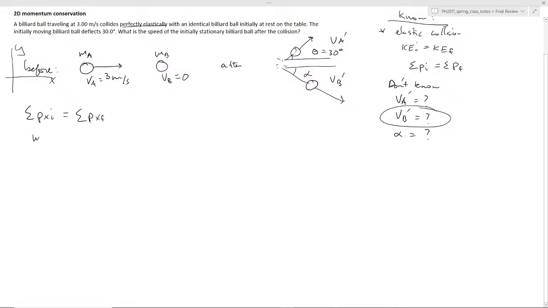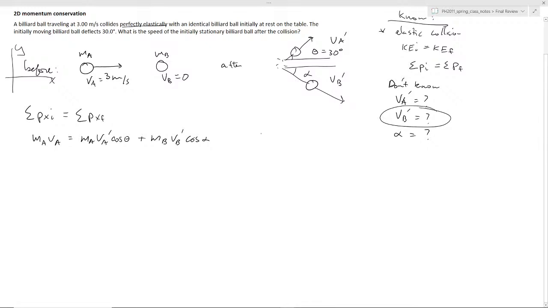We have MA VA is going to equal MA VA prime. So we want the x component of VA prime, so that'll be the cosine theta piece, plus the contribution from MB, which will be similar, MB VB prime cosine alpha.